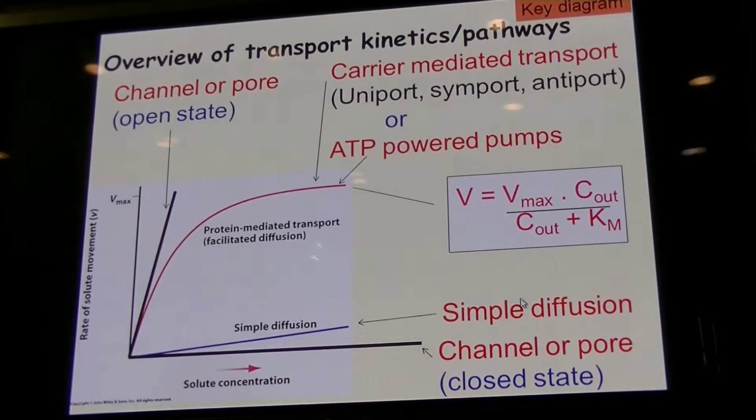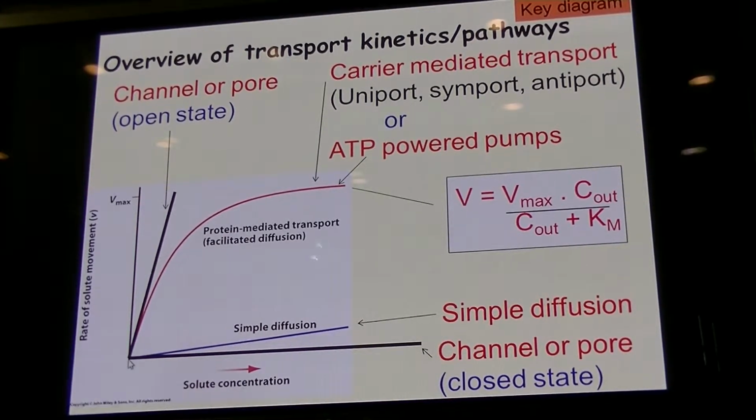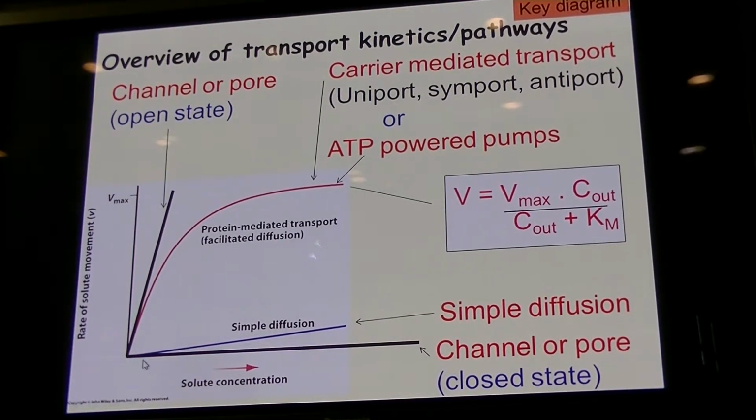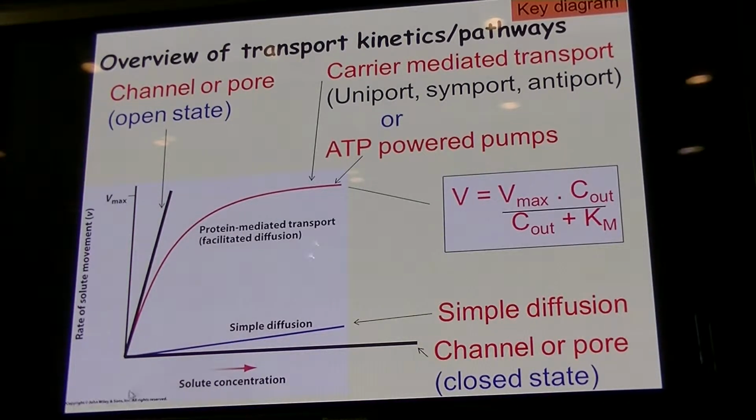Okay, so here we have our major transport pathways. And if I show you this diagram, you should be able to tell me that this flat line here should make you think that you have a closed channel. Or if you have this very shallow climbing line, then you're suspecting that you have simple diffusion, not protein mediated.